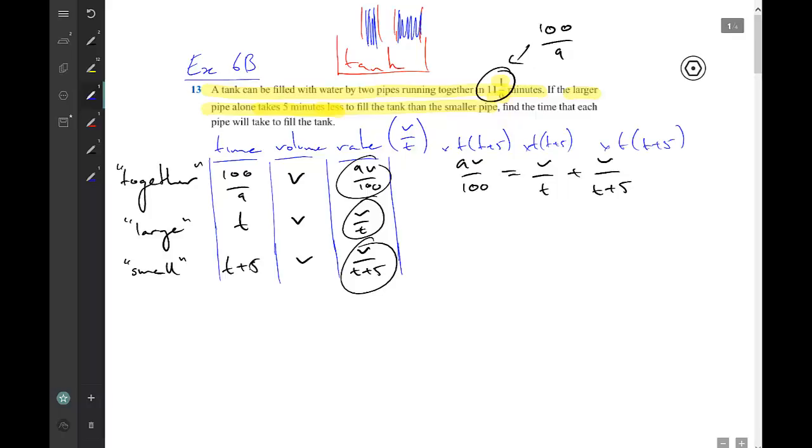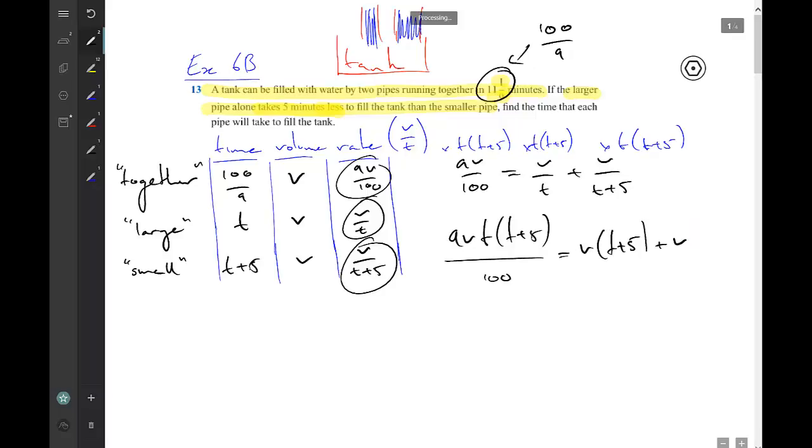The whole idea being to get rid of these denominators. Okay, so I end up with 9V(T plus 5) on 100 equals V(T plus 5) plus V times T.